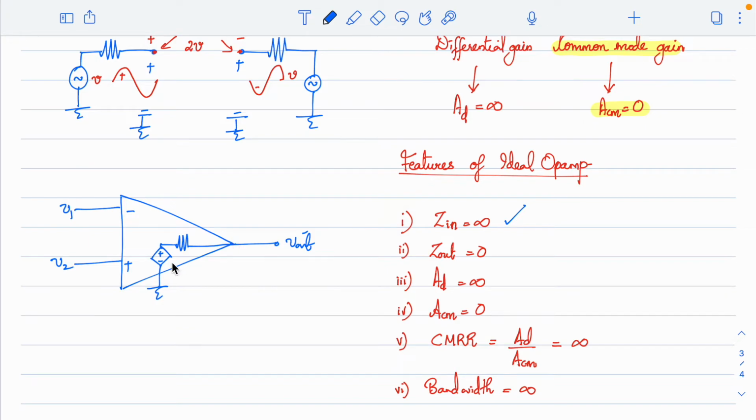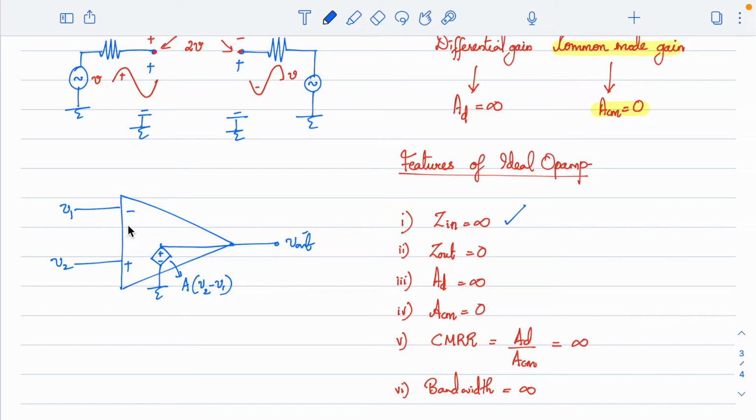So what is this? This is A times of V2 minus V1, right? When I am providing V1 and V2, what I am expecting is A times the difference in this form. But in the ideal case, even this should remain as 0. There should not be any output impedance, so this should remain as 0. So this is the case. This is how we can show the internal diagram of an ideal op amp.